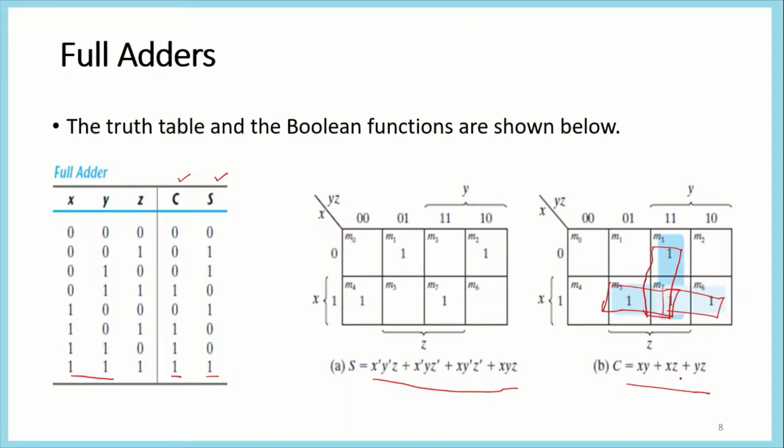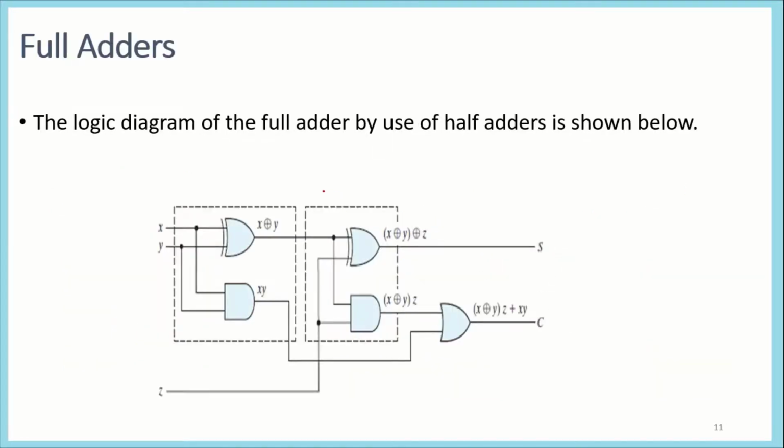After rewriting the Boolean expressions, we design it using 2 half adders. The first dotted line represents the first half adder, while the second dotted line represents the second half adder, and you can see that this is the third input. First we perform the half adder operation for 2 bits and get the result here.